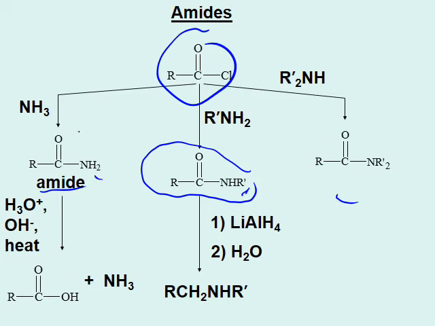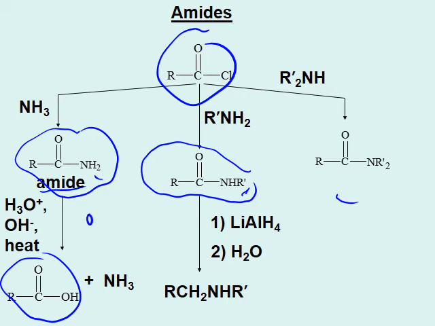Now, once we have amide, C double bond O NH2, that's the amide functional group. In presence of water or OH minus, it is going to give you carboxylic acid. Again, we can predict this. If you think OH minus like this, this OH will be attracted to the carbon.